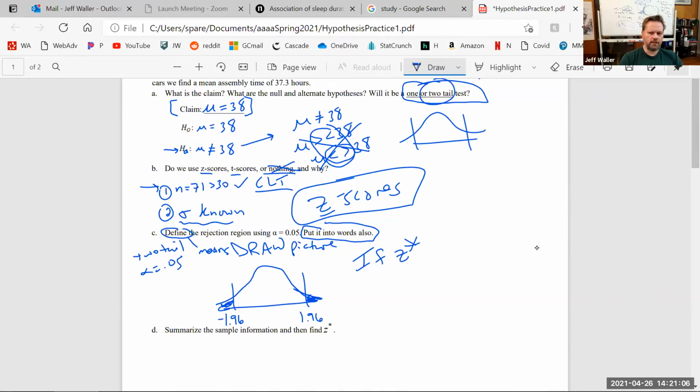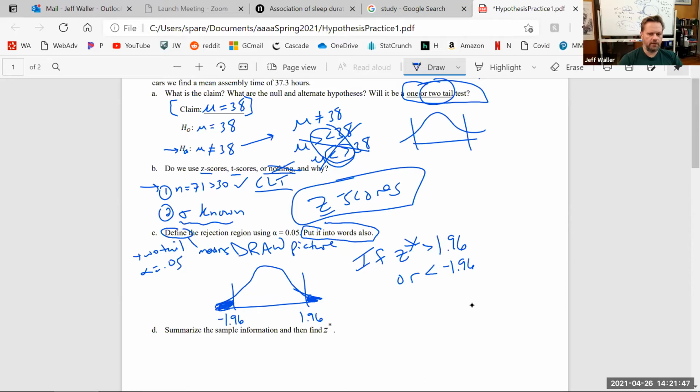If Z star is what, then we can do what? Can you say if Z star is greater than negative 1.96 and 1.96, then... No. Stop. If it was greater than negative 1.96, it won't be here, will it? Can't say this. You have to say this in two separate things. So if Z star is greater than 1.96 or less than negative 1.96, correct?